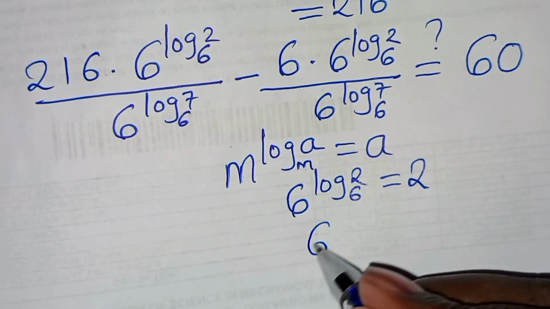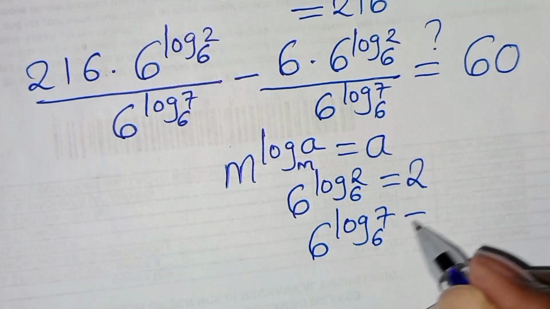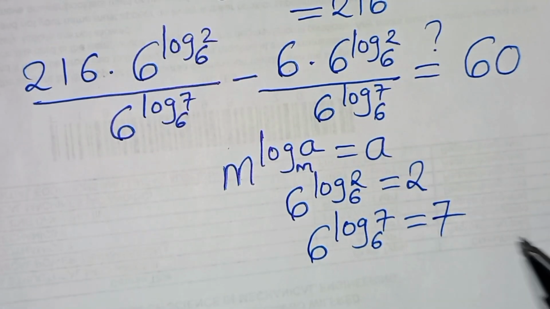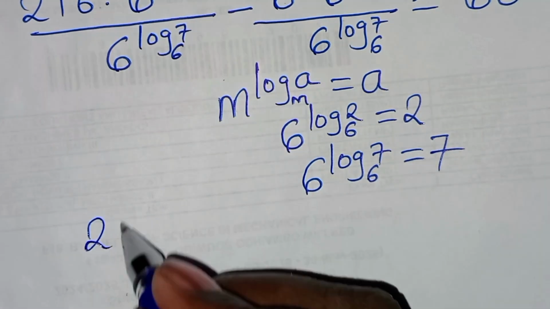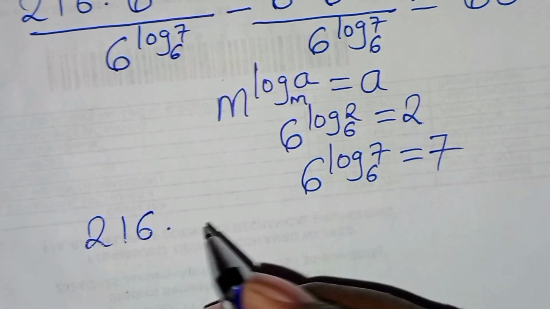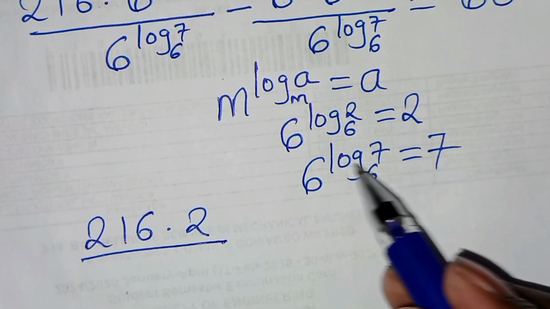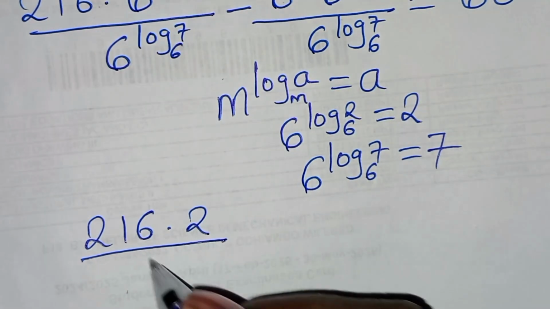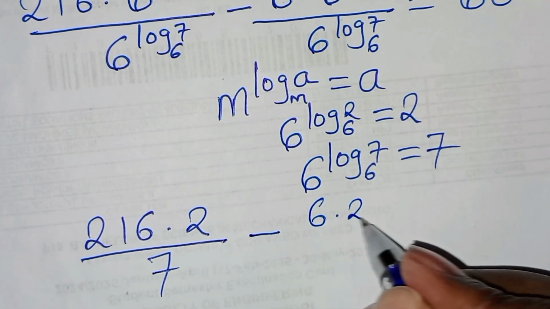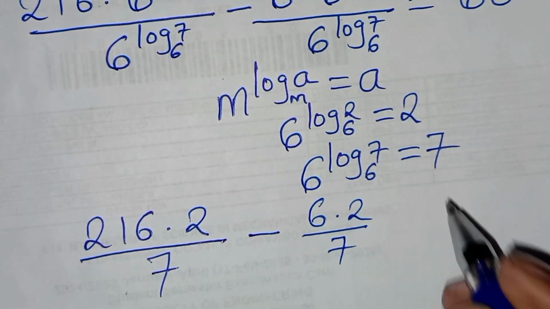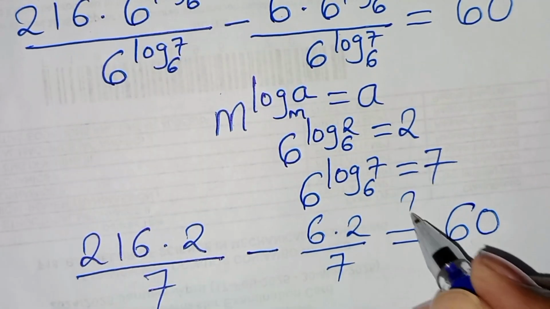And we have that 6 to power log 7 to base 6 will give us a value of 7. Substituting this, we have 216 times 2 divided by 7 minus 6 times 2 divided by 7. This is supposed to give us a value of 60.